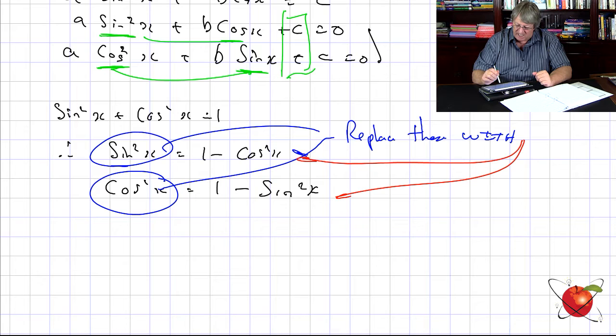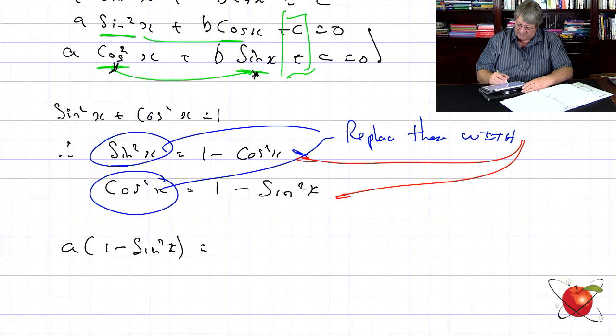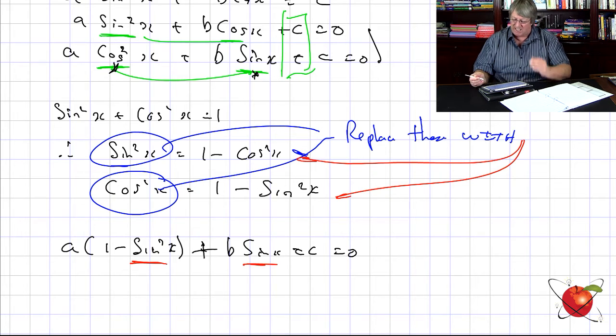What is going to happen here is if I replace this cos squared with that, I'm going to get a 1 minus sine squared x plus b sine x plus c. Can you see what we have done? We have put sine and sine together. Therefore, we've made it a function that we can factorize now. That's the beauty of this one.